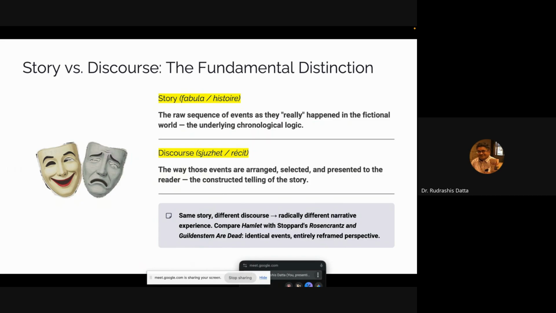Right? So there may be events which you may omit while you are narrating a story. When you omit a series of events which composes a story, what happens is that the story changes its perspective.